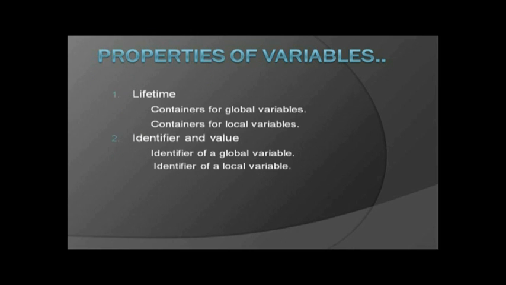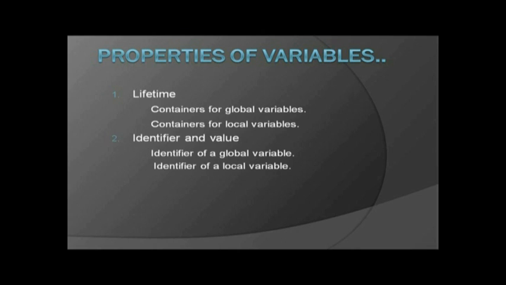Now we will look at what are the properties of a variable. First one is lifetime. Containers for global variables are created once. Containers for local variables are created every time a procedure is invoked. The other one is identifier and value.